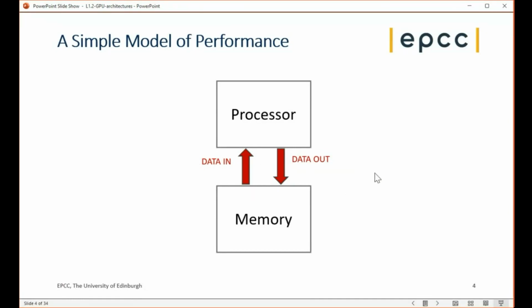So graphics processors were originally designed to do graphics, to play games, do visualizations, but also to have very, very fast bandwidth to memory. And that's what made them attractive for HPC, the fact that they had very fast memory bandwidth.